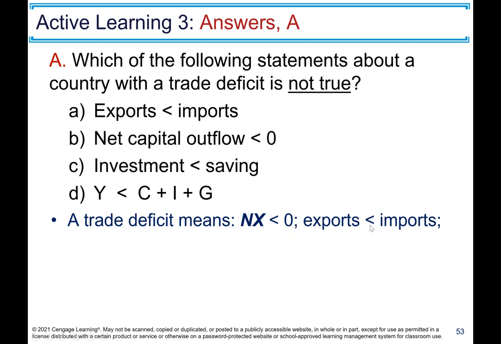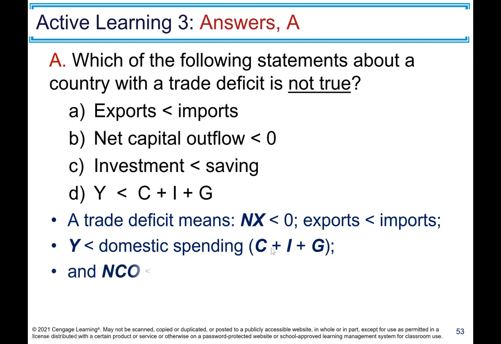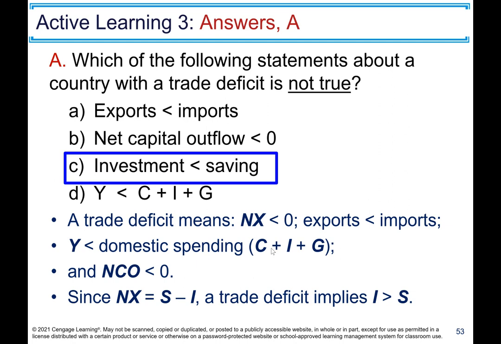That means export is less than imports. Y is less than domestic spending, C plus I plus G, and NCO is negative. Since NX is equal to S minus I, a trade deficit implies I is greater than S. So the answer is C.